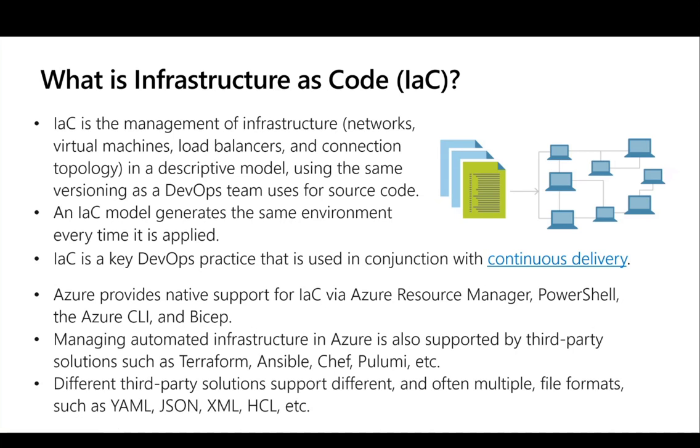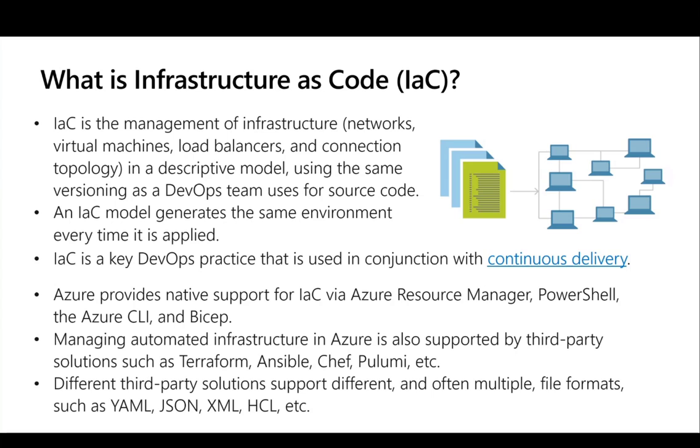Thank you. As Brian mentioned, today's session will be focused around infrastructure as code and the different options we have in Azure or even in third-party solutions. Before we do that, what is infrastructure as code and why is it so important for customers, especially in the enterprise space? Infrastructure as code is one way to manage cloud resources as software, and it allows you to deploy the same environment in a consistent manner.